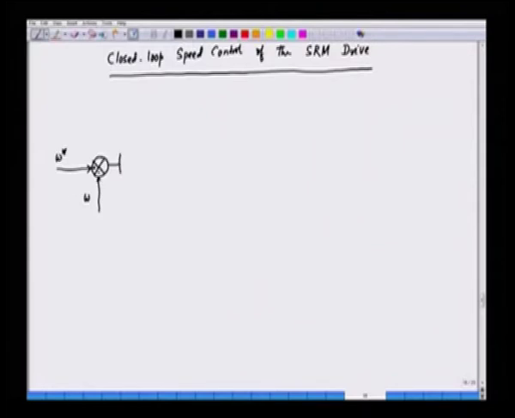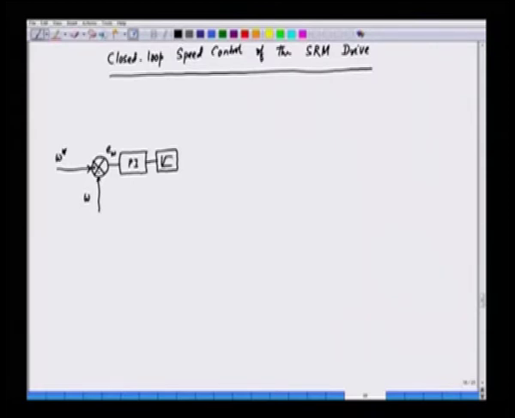Then we feed this to a PI controller, a PI regulator. We have a speed error, that is E of omega. The PI regulator will give us something similar to the torque. We can have a limiter as well. A limiter, only we need the positive value here.